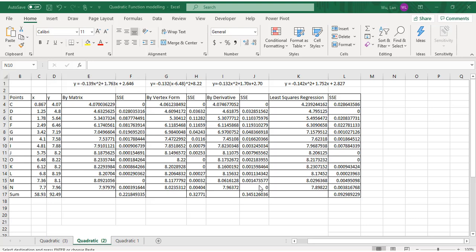Now I have already figured out the SSE for the different forms. After comparing these 4 numbers, I found out the SSE for least squares regression has the smallest value, which means the equation given by least squares regression is the best fit.